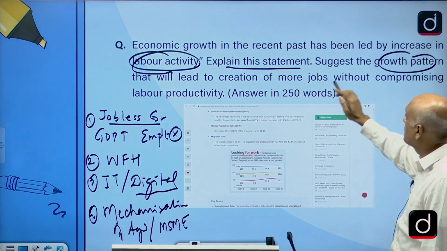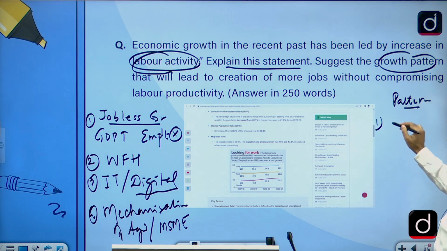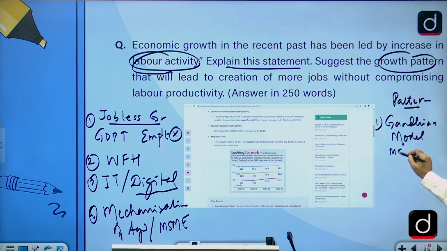Now for the second part, suggest the growth pattern. Now, what pattern can you follow in future? First of all, you can follow the Gandhian approach to economic development. Gandhiji was in favor of creating small industries, MSMEs, self-employment.